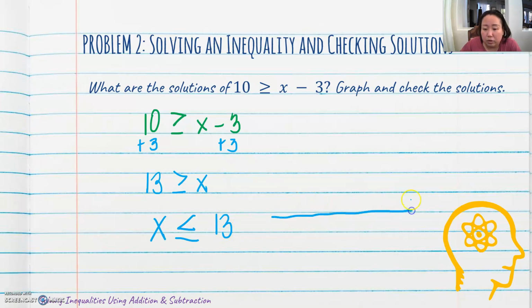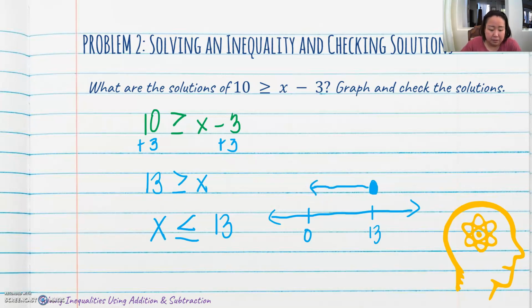And if you're going to do your graph, again, our reference is 0. 13 will be on the right side. Now our inequality is greater than or equal to, and so we will be using a solid dot, and we are looking at all the values to the left of 13.